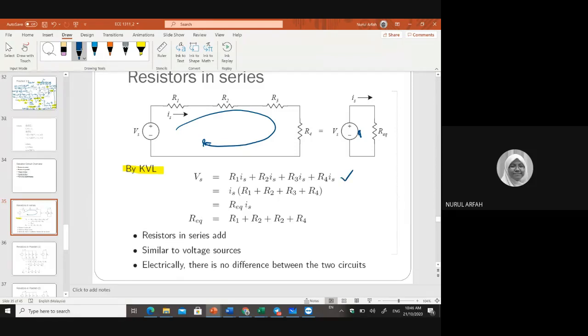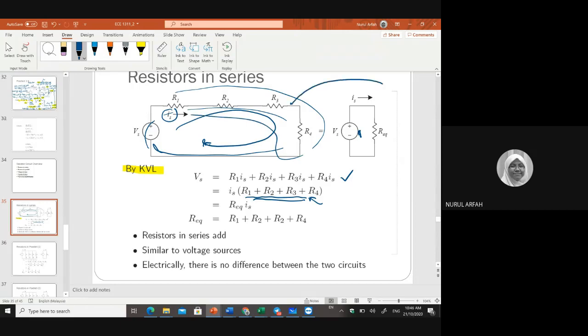Then you rearrange all the resistors at one side. Why? Because here we have the same current IS flowing through a series circuit. So in a series circuit, you can total up all the resistance, and this is equal to R equivalent. So resistors can be added in series.